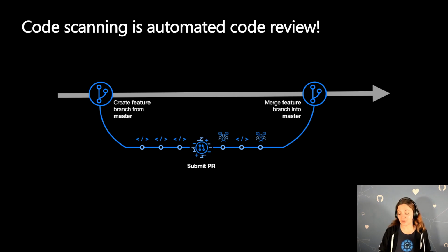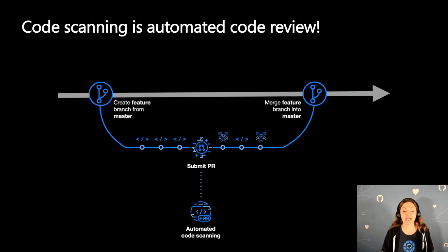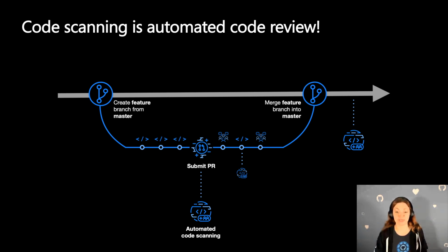So once you introduce code scanning into your repo, it actually scans automatically on pull request, and then on every code commit after the pull request, and it can actually scan the master branch periodically just in case some new vulnerabilities were identified. So basically, it's just like an automated code reviewer which reviews your code before it goes into the master branch. So let's just demo that as well.